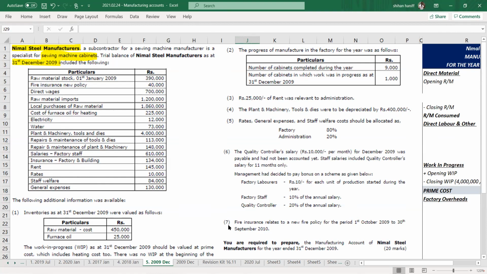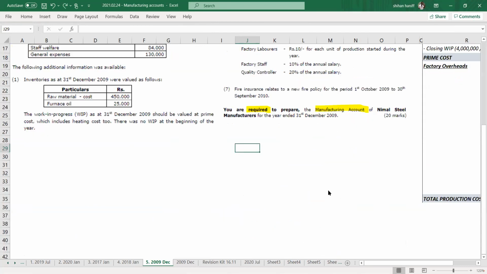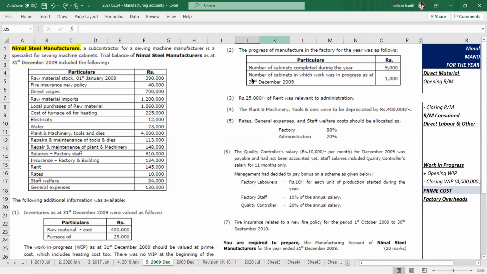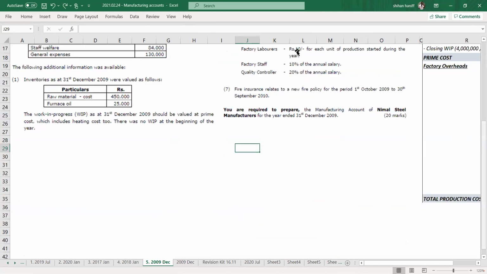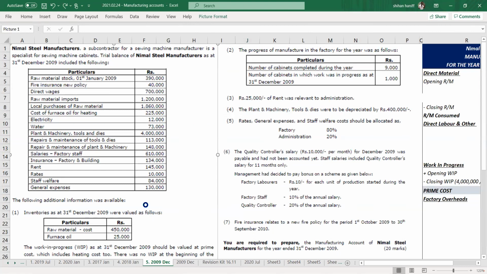Then there are 7 items of additional information required to prepare the manufacturing account of Nimal Steel Manufacturers for the year ended 31st December 2009. Right. So let's draw the format for this.